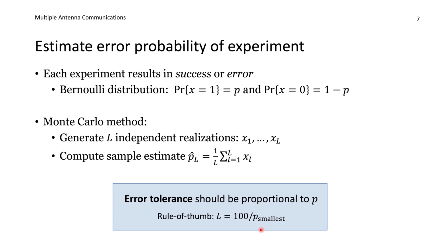For example, that might be 10 to the power minus 4 or something like that. And then we consider a number of realizations equal to 100 divided by that error probability. Why? Well, then we have enough realizations in order to observe roughly 100 errors. If we have too few samples, we might never see any errors at all, and then we have a very lousy estimate. So this is a very useful rule of thumb.